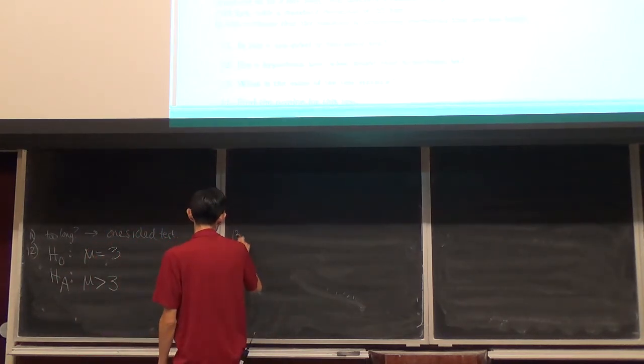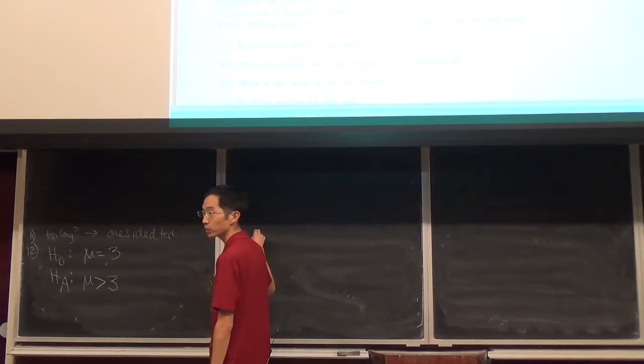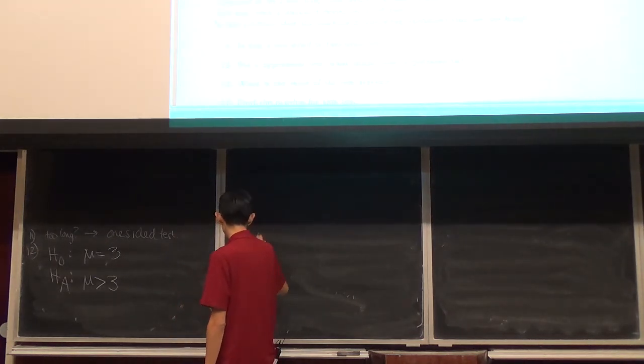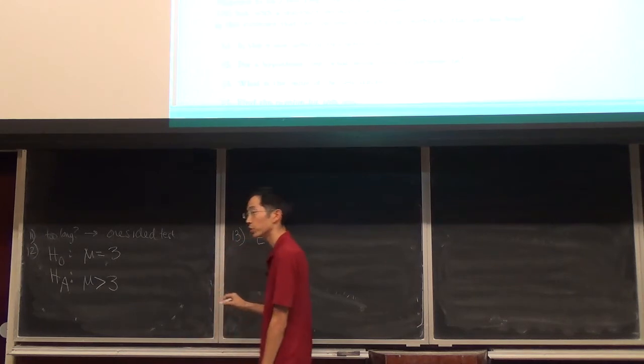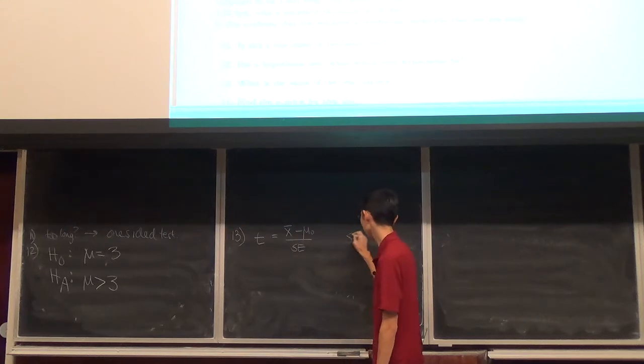Number 13 asks, what is our test statistic? We're dealing with means, so we're going to use the t-distribution. Our test statistic is x bar minus mu0 divided by the standard error. Our standard error is s over the square root of n.